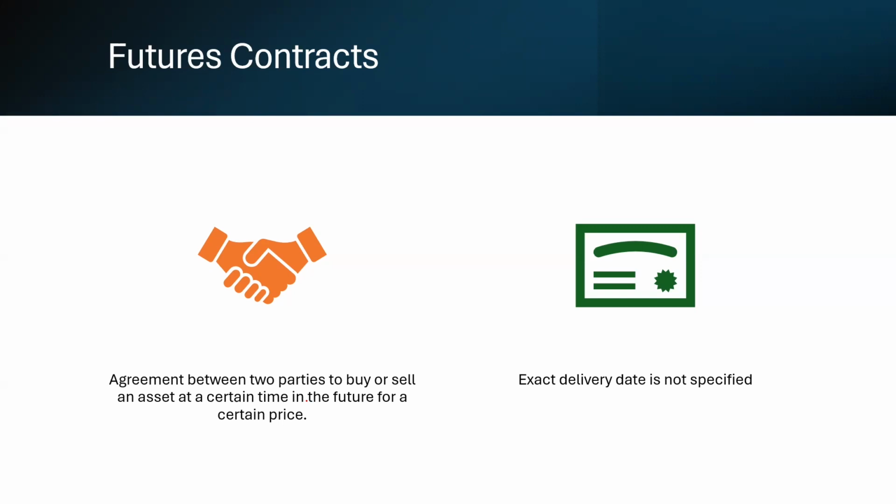The main difference in futures contracts is that the exact delivery date is not specified, and also futures contracts are exchange traded, where the transaction is happening through an exchange. Forward contracts are over the counter. Because of that, in futures contracts, the credit risk will be very minimum compared to forward contracts.